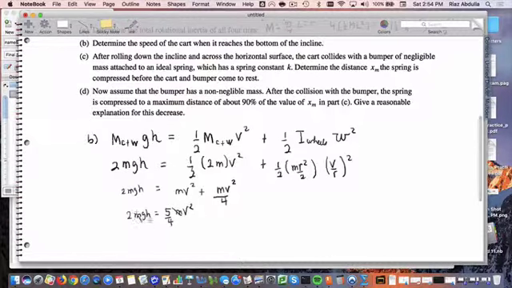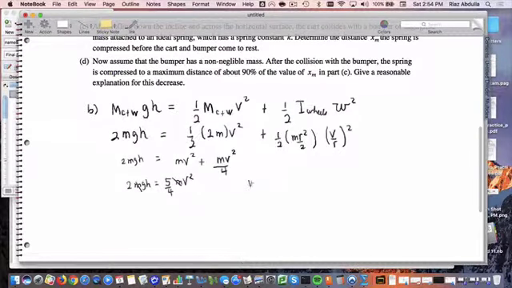The little m's cancel finally. So we end up getting that the speed is the square root of 8/5 gh. Excellent. Now, that's part B.